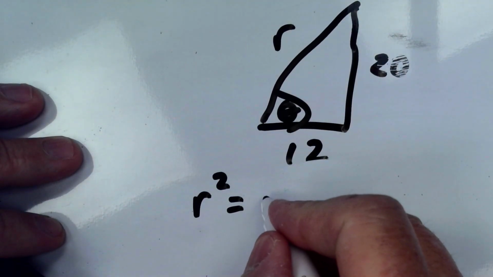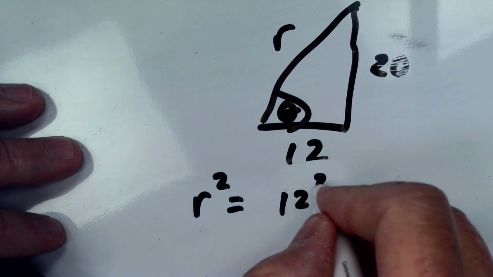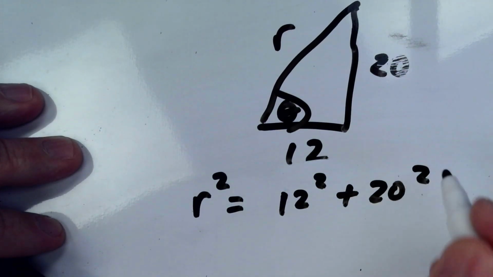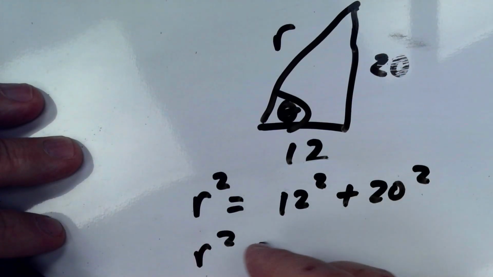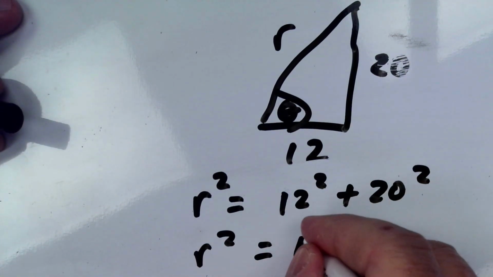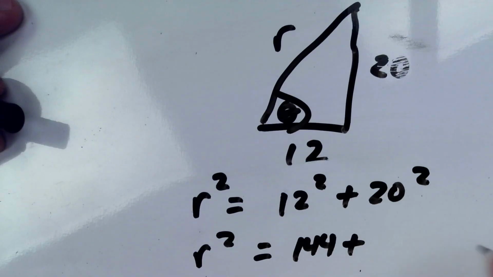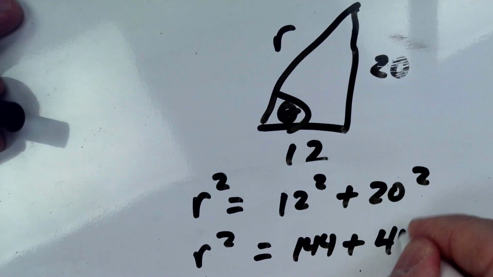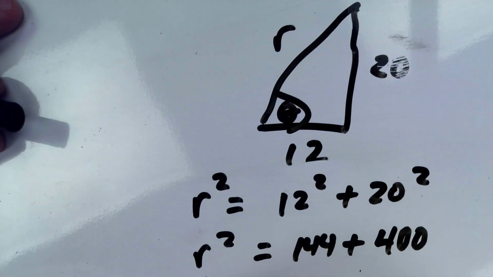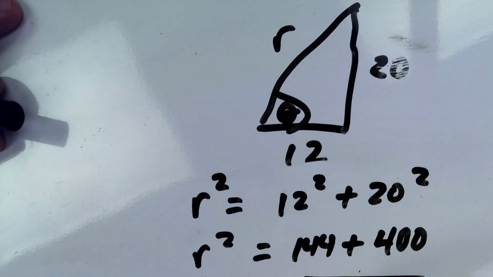This is going to equal 12 squared plus 20 squared, or r squared is going to equal 144 plus 400. Or r is going to equal the square root of 544, right?